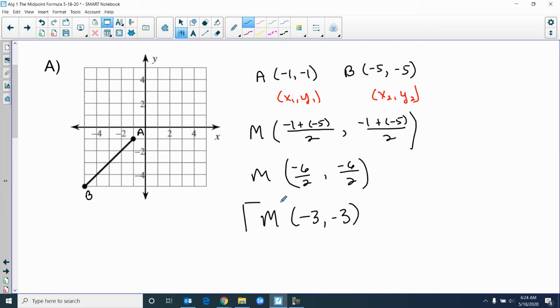Okay, -3, comma, -3. All right, does that make sense? I go over -3 down to -3. And the midpoint has to lie on the line connecting the 2 points. So if you made a mistake and you got -4, whatever, -2, that can't be the midpoint. It has to lie on that line.